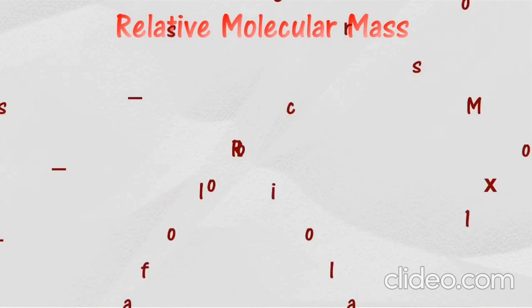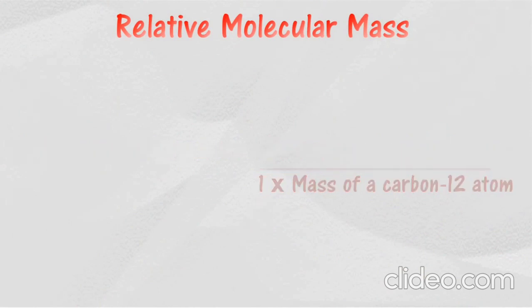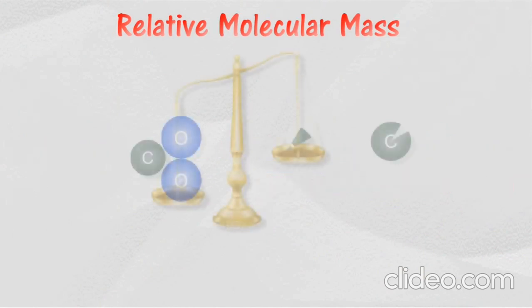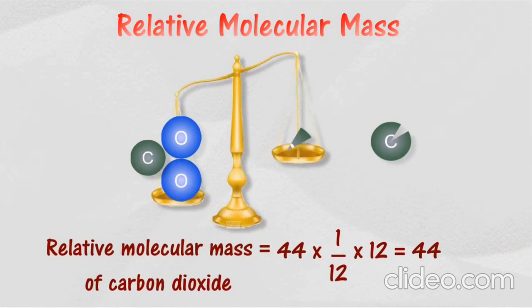The relative molecular mass of a substance is the number of times the molecule is greater than 1/12 of the mass of a carbon-12 atom. For example, if a carbon dioxide molecule is 44 times greater than 1/12 of the carbon-12 atom, thus, the relative molecular mass of carbon dioxide will be 44.